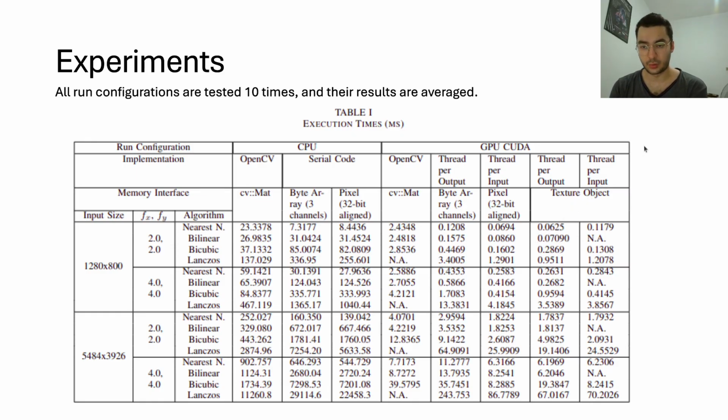The optimal and best implementation is when we use thread per input and texture objects, again with the exception of bilinear, because we cannot do it, and with using hardware accelerated code, it's the best for bilinear.